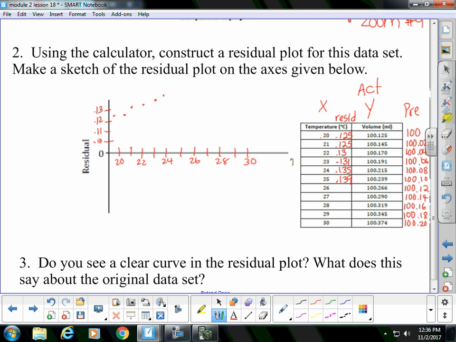I have a feeling this is a curve, but upside down U is what it's looking like. Or actually, no, it's going to curve a little differently than that. This is not going back down. The next one's going to be 0.146. So that one's getting even a little higher.